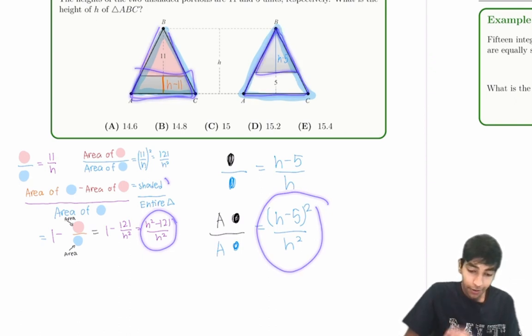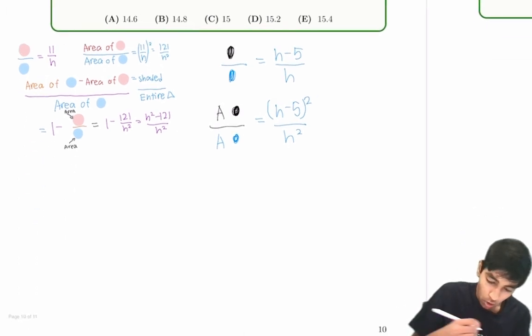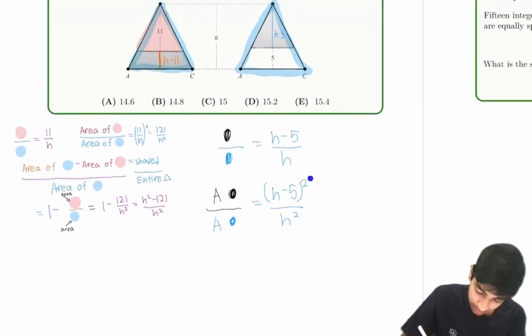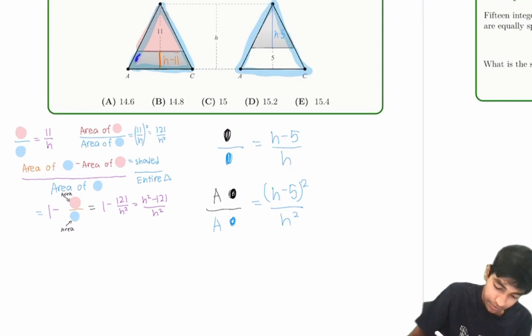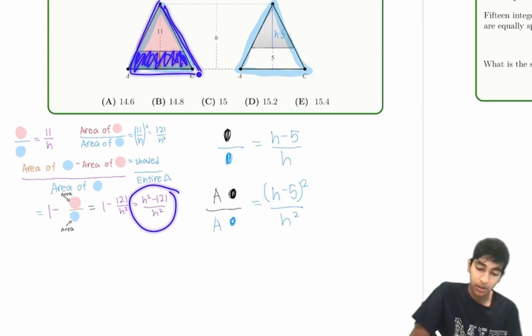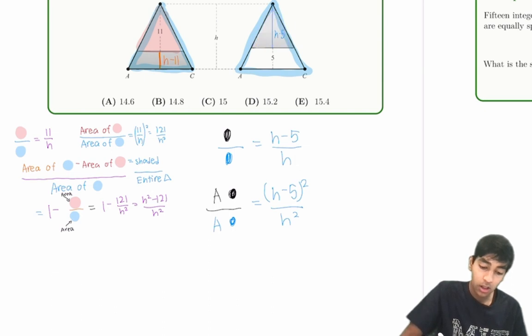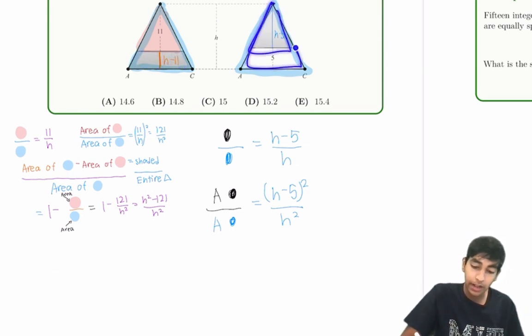But we're given that these areas are equal. So notice that this over here is the ratio of this triangle to the entire triangle. This over here is the ratio of this trapezoid, sorry, to the entire triangle. What does that mean? Well, if their areas are equal, so are their ratios of the areas to the big triangle, since the big triangle is the same.